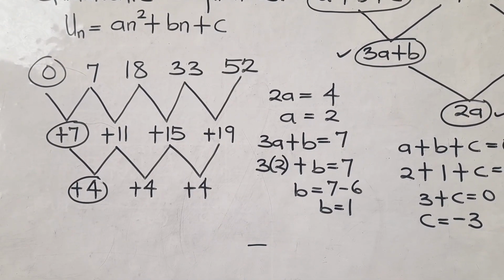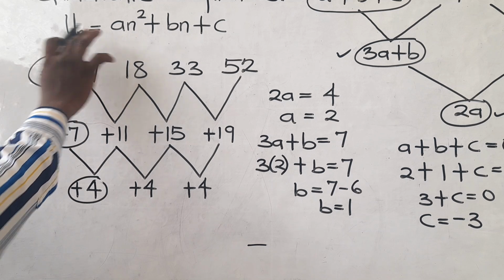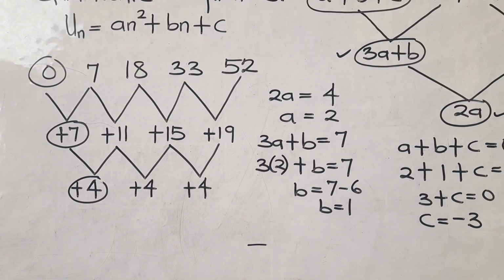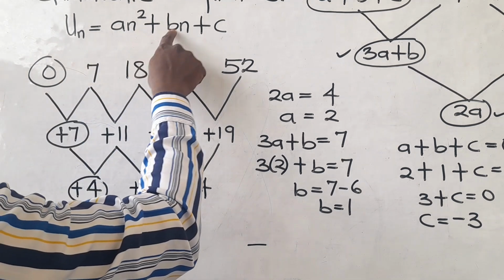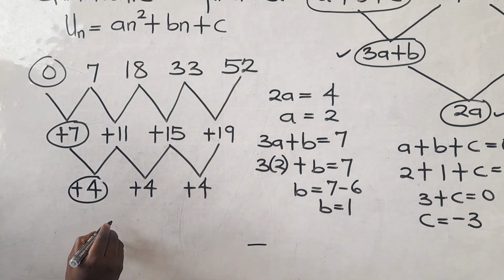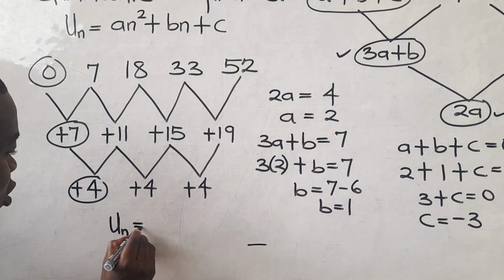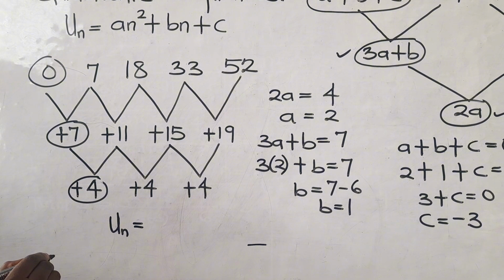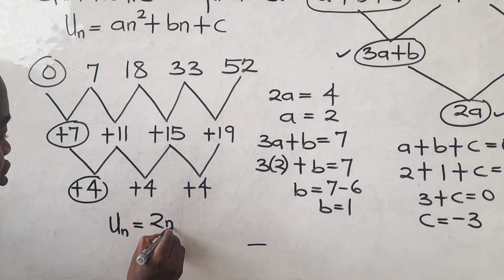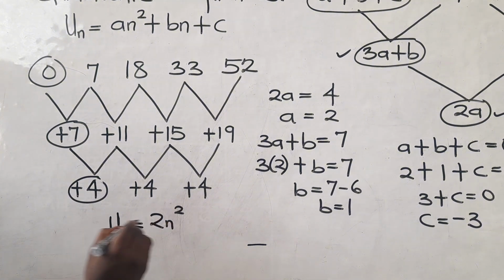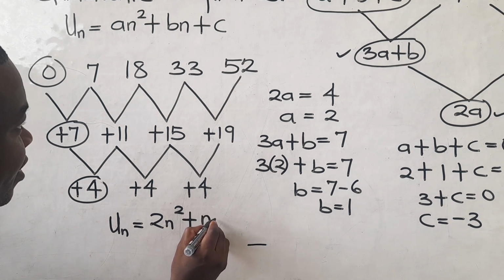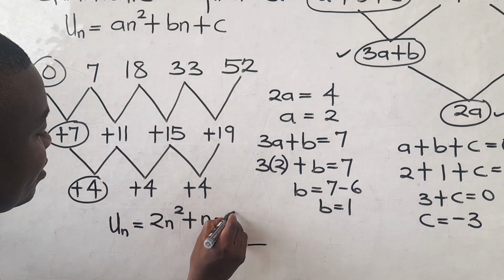So from the general equation, un equals an square plus bn plus c. Since we know what a, b, and c are, we can say un equals 2n square plus n minus 3.